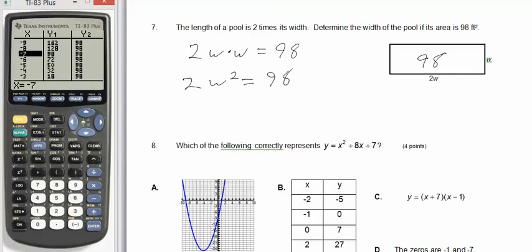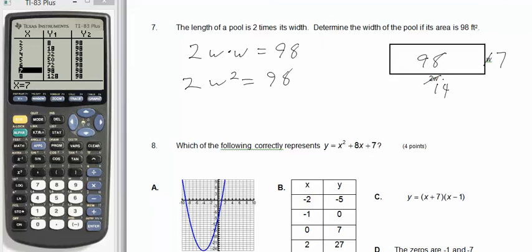It equals 98 at negative 7. But we wouldn't have a width of negative 7, so we'd need a positive one. So we're going to look here on positive and find an answer at positive 7. So the width is equal to 7, which would make the length equal to 2 times 7, which would be 14.